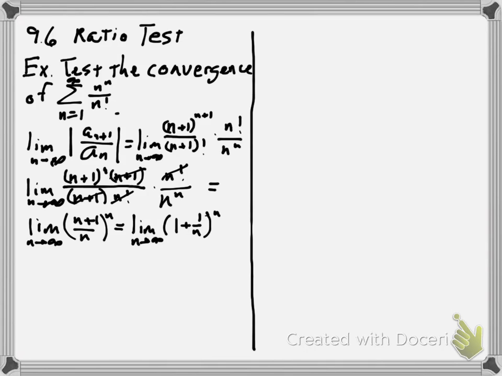And of course you can use L'Hopital's rule after taking the natural log, but if you remember, this is actually equal to e. And of course e is greater than 1, so since our ratio here is greater than 1, we conclude that the series diverges by the ratio test.